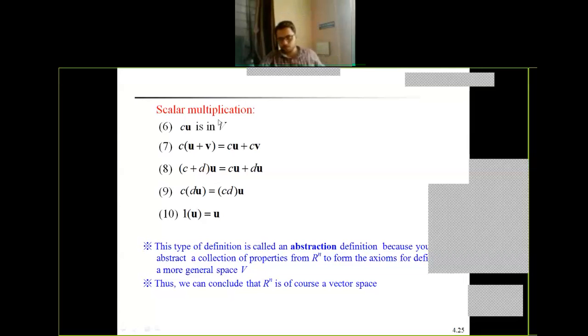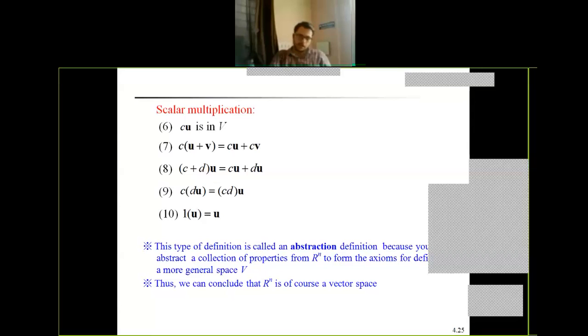After seeing the definition, we will go to the example. So c of u plus v is equal to cu plus cv. This is a distributive property under scalar multiplication. Then c plus d of u is equal to cu plus du.